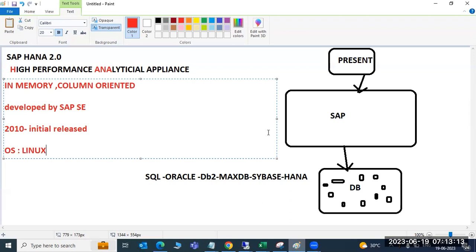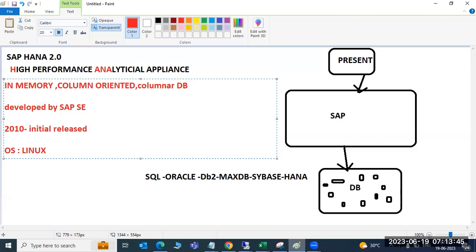Its functionality is not only storing the data, but also retrieval of the data as requested by the application. One more important concept which does not exist in other databases is in-memory. HANA is an in-memory, column-oriented, columnar database. You need to take these three words, right? It is also called the columnar database.